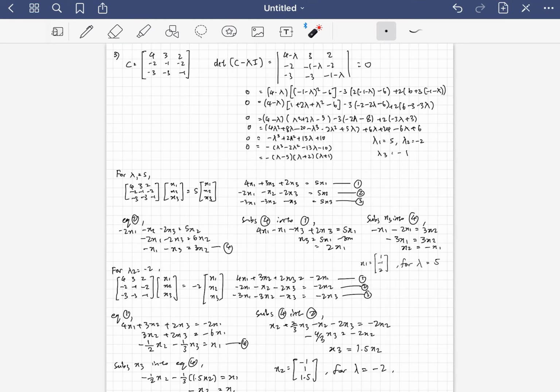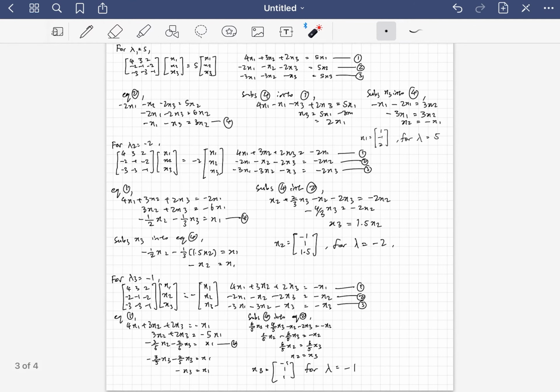So I get the final answer x3 equals 2x1. Then I substitute the x3 answer into equation number 4 and get x2 equals negative x1. So the eigenvector is x1 equals 1, negative 1, 2, for lambda equals 5.